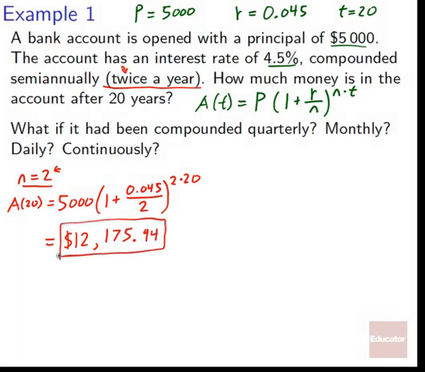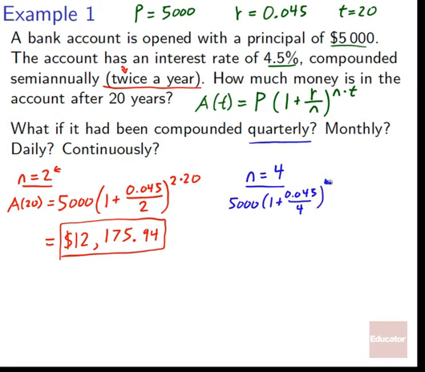Now, what if we wanted to compound more often? What if it had been compounded quarterly, or monthly, or daily, or continuously? If it was compounded quarterly, it would occur 4 times in the year, every quarter of the year, so n equals 4. So we have 5,000 times 1 plus 0.045 divided by 4.